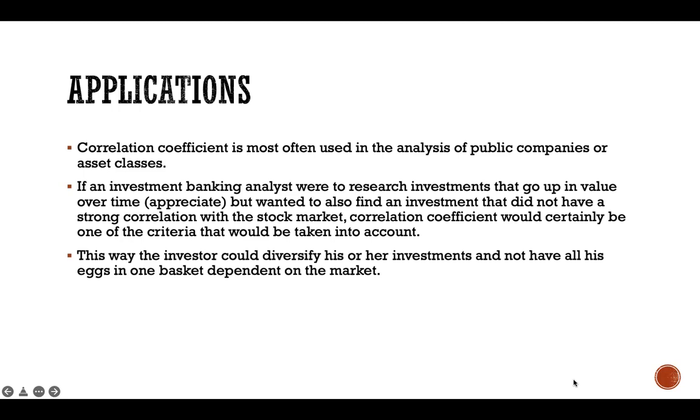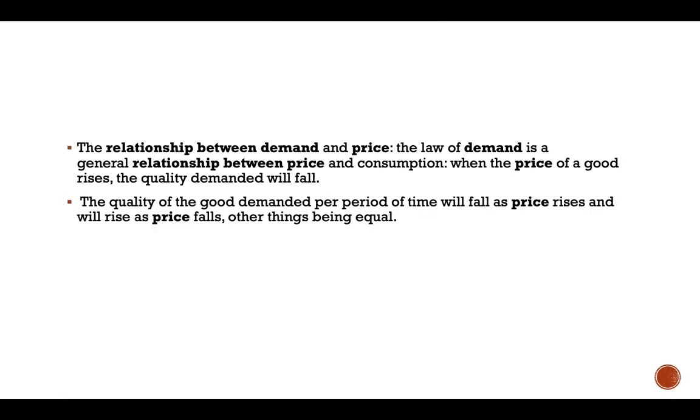So everywhere correlation is used. In investment banking as well, they see what is the correlation between various factors which are impacting the share market. Okay, and they can take decisions to diversify their portfolio, right?